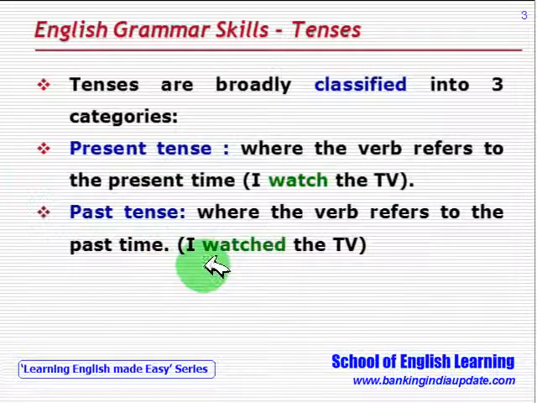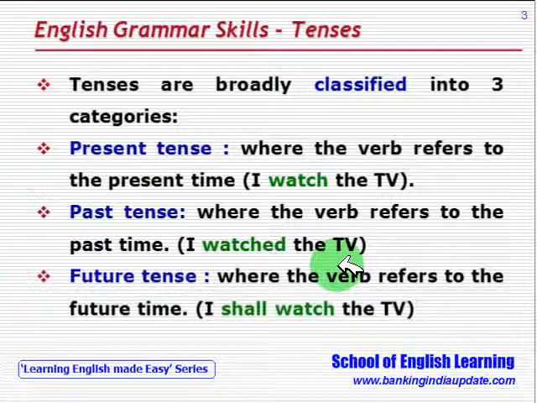For example, I watched the TV. Third is future tense. Here, the verb refers to the future time. For example, I shall watch the TV.